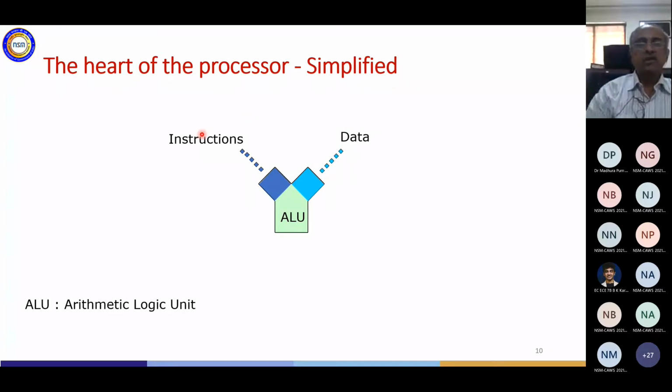The expansion of opcode is operation code, the code of the operation to be performed, like ADD in the previous case or increment, and corresponding to that you have data. So what is data in the previous example? A and B for ADD, or A as the operand for increment. So every instruction will have an operand and every instruction will generate a result. That is what happens in the heart of the processor.